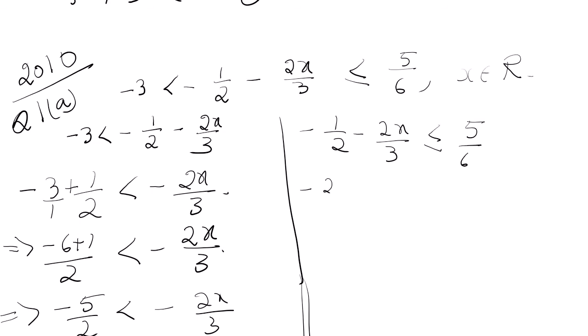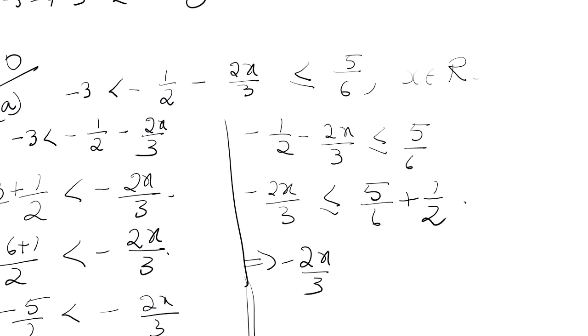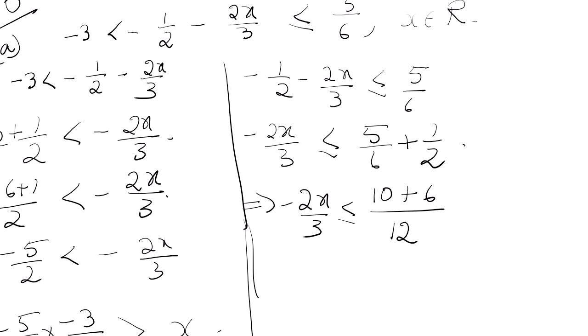minus 2x upon 3 is less than or equal to 5 upon 6 plus half. So this implies minus 2x upon 3 is less than or equal to, 5 2s are 10 plus 6 upon 6 2s are 12. So this implies minus 2x upon 3 is less than or equal to 10 plus 6 is 16 upon 12.